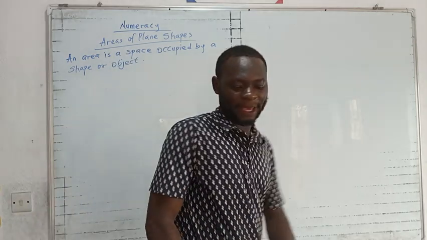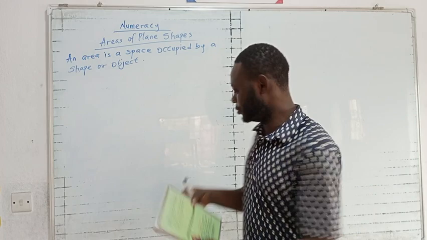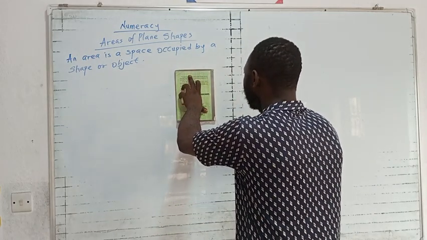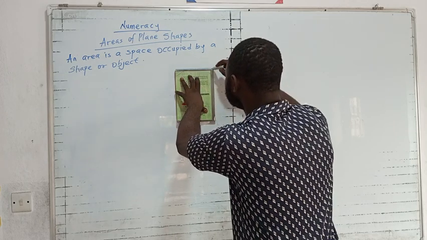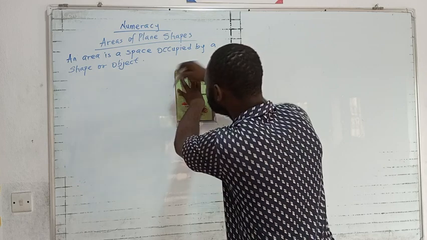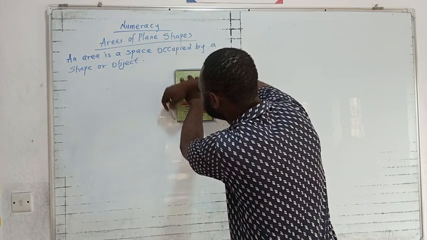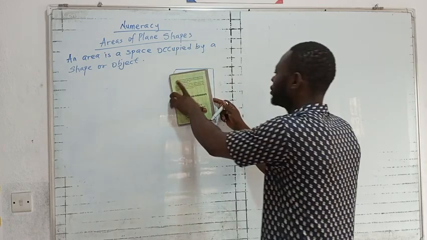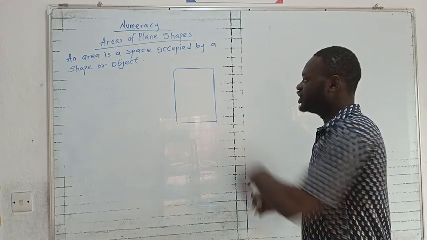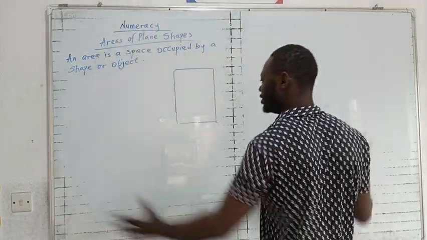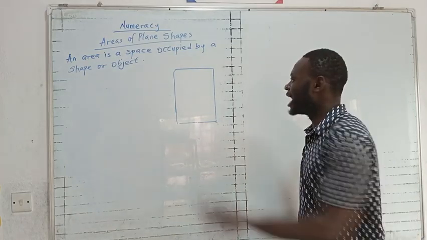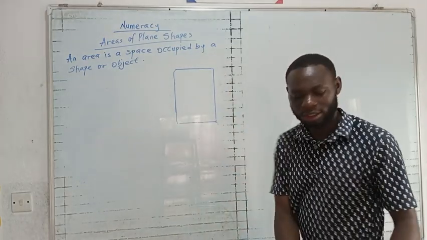If I place this book on this board, now the space this book occupied on this board is known as the area of the book. This part of this board, this shape that this book occupied is known as the area of the book.